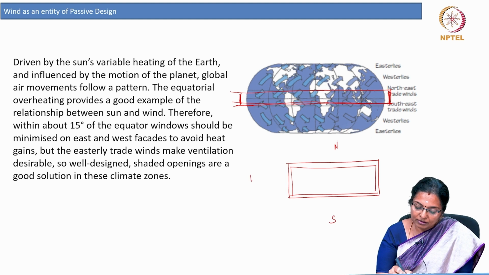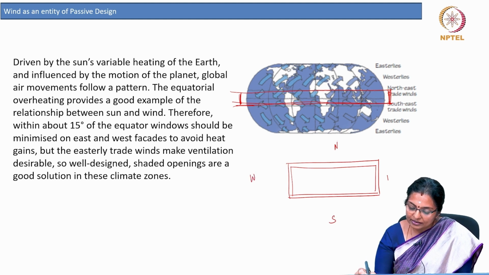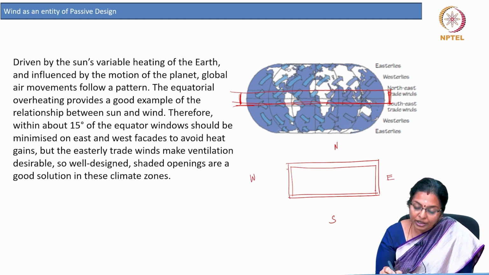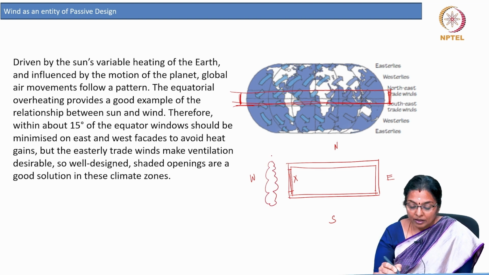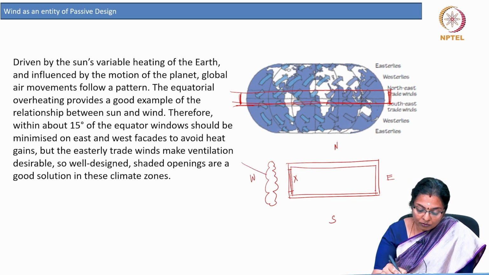so this is the west facade and this is the east facade. You should ensure that you do not have large openings. So, you must not have large openings, and you should also ensure adequate buffer, so that there is some kind of barrier for the solar radiation to enter.